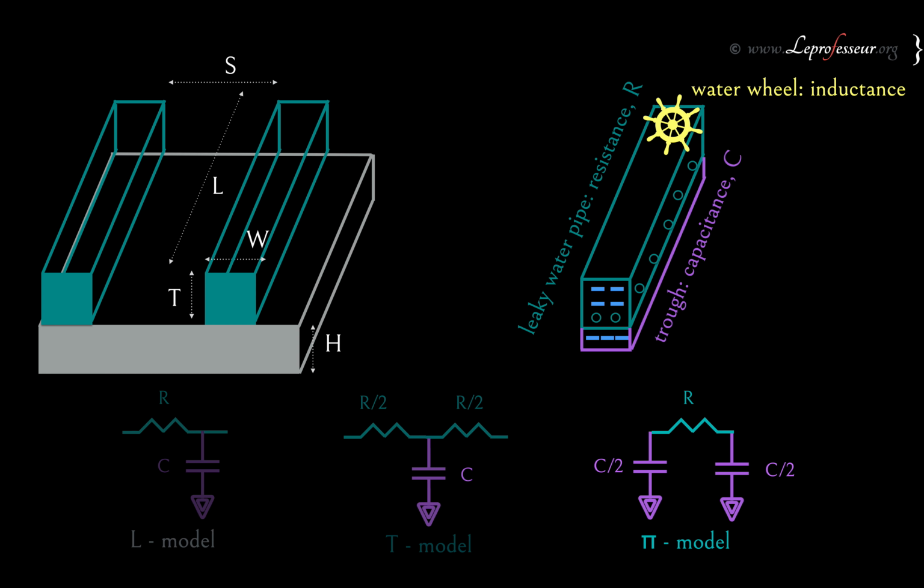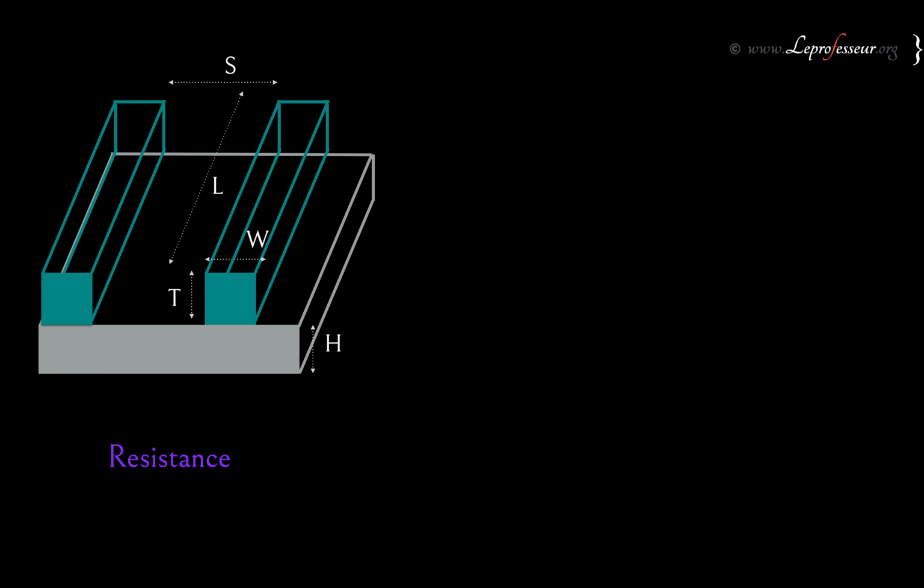All right, pi model, good. Now let's talk about the resistance. We have this wire segment or this interconnect. If I have to approximate the resistance of this interconnect, how can I express it?